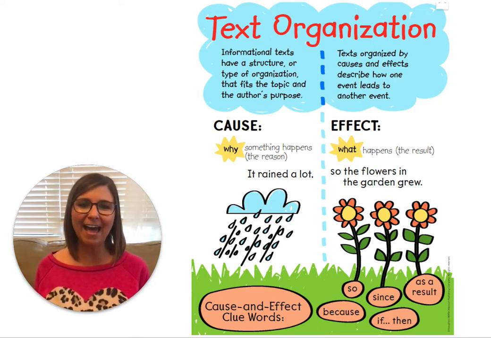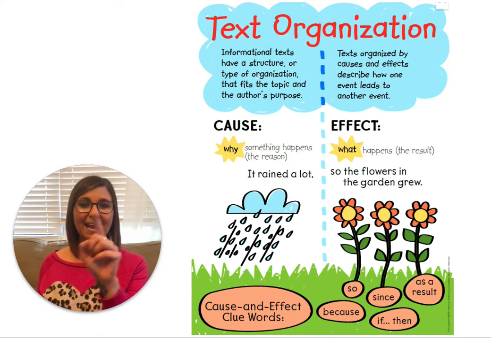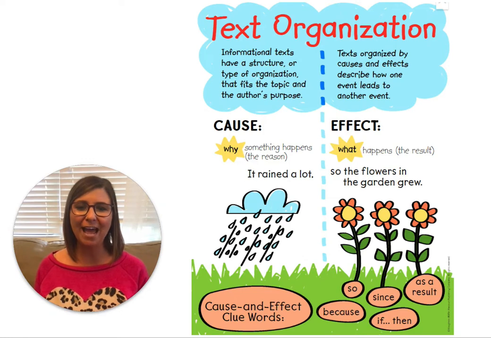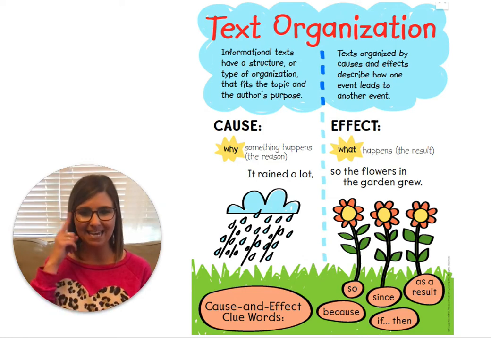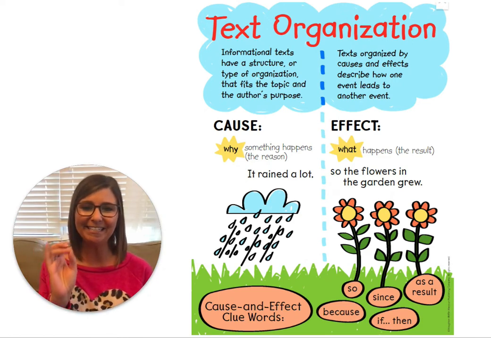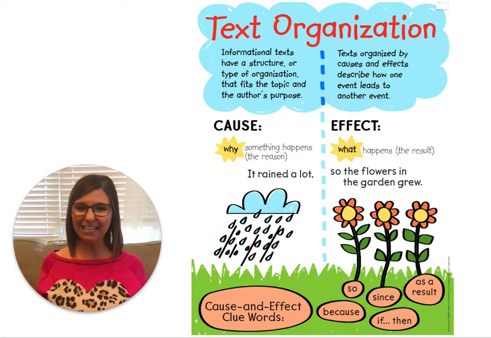So the effect is what happens or the result. So in this graphic, we see that it rained a lot, and so the flowers in the garden grew. So we have some cause and effect clue words that we can think about to help us to remember this. And some of these words are because, so, since, if, and then, and as a result.